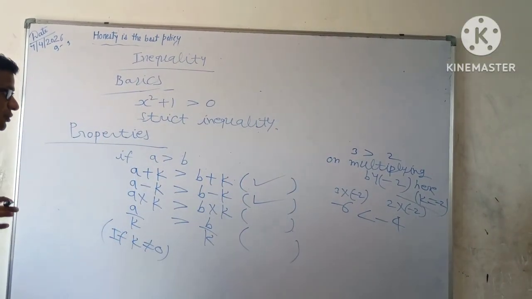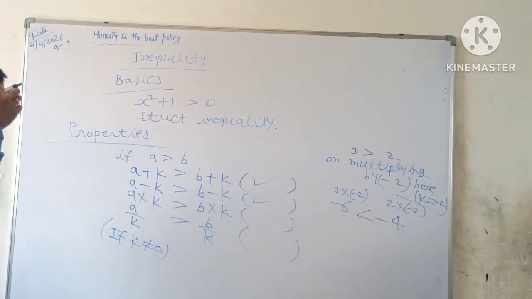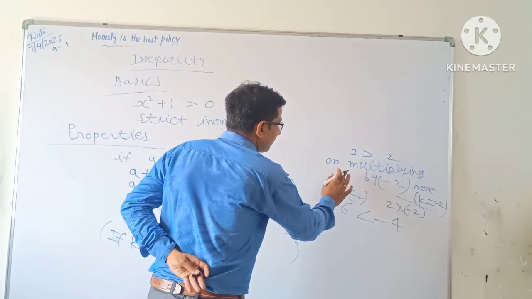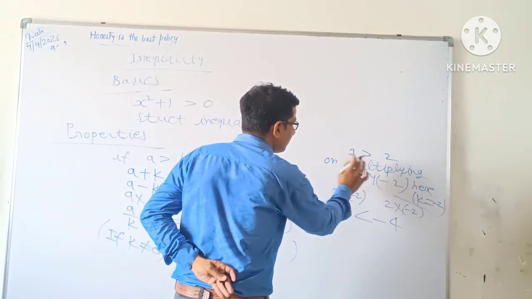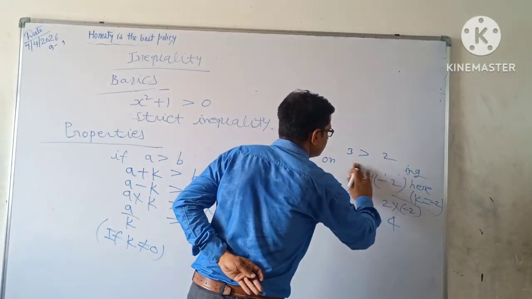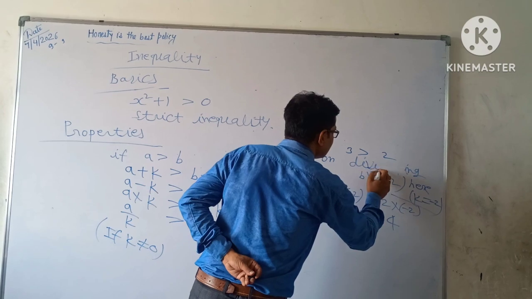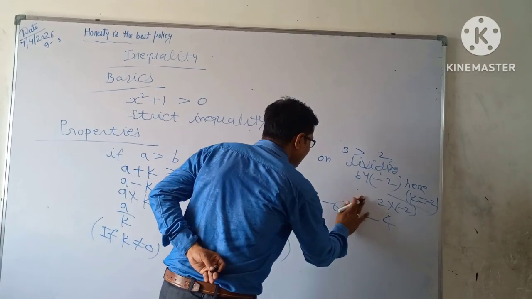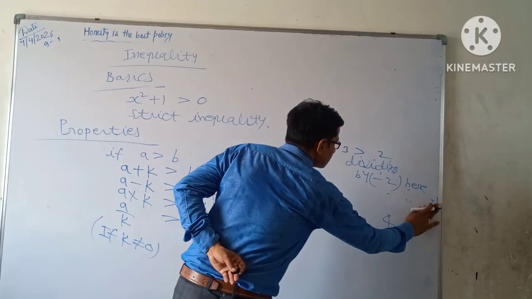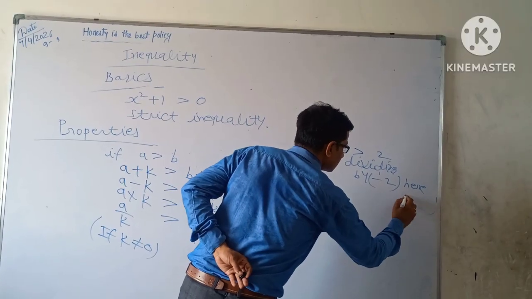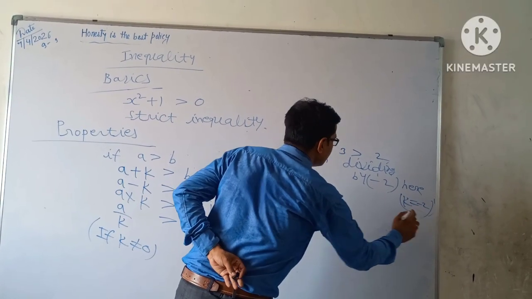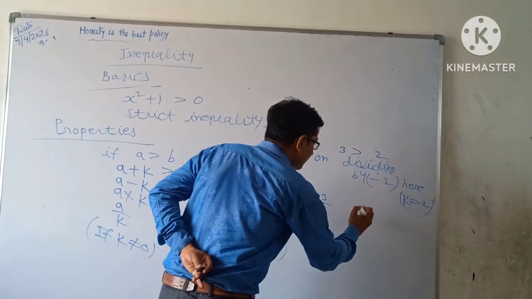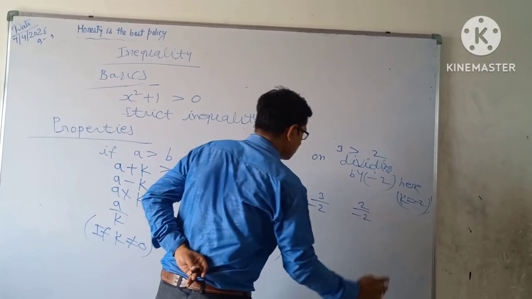But can we divide also? For example, let us divide by minus 2, so K equals minus 2. If we divide, we will get 3 by minus 2 and 2 by minus 2.